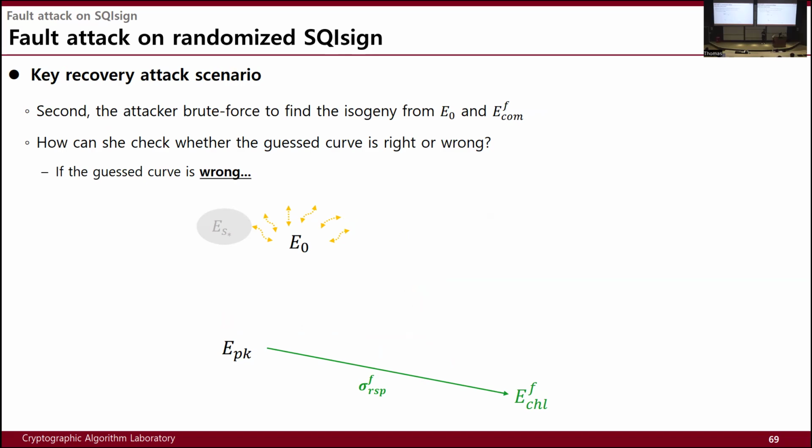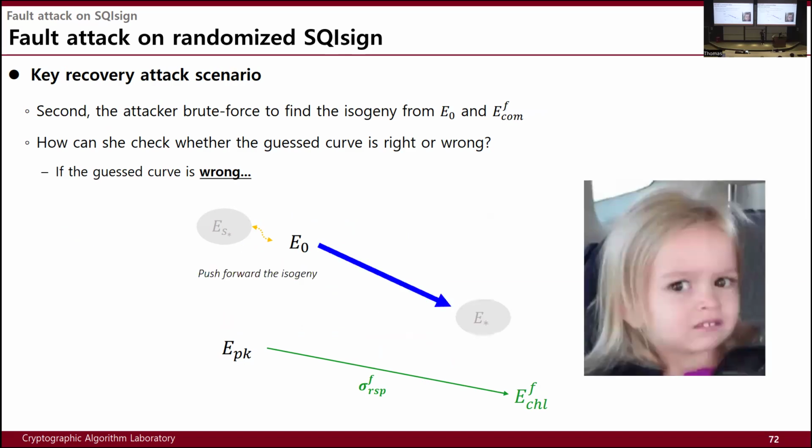So in this case, how can she check whether the guessed curve is right or wrong? If her guess is wrong, then the information made from a wrong curve generates the wrong isogeny, and it goes to somewhere else, a random curve.